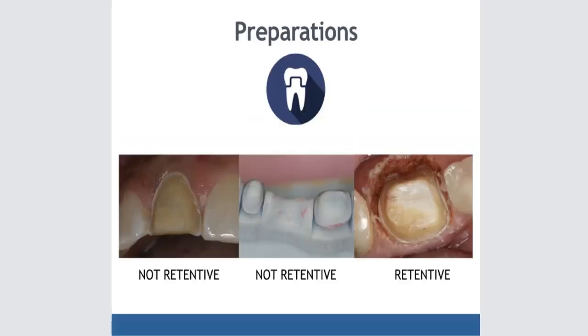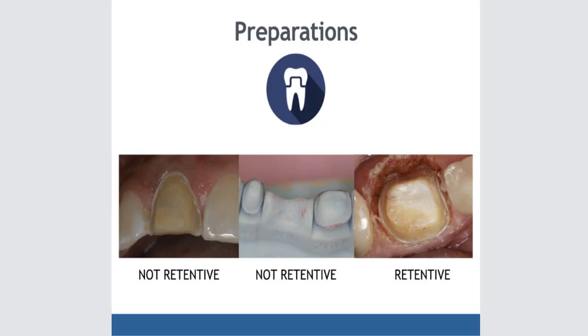I think very few of us would argue that the preparation on the left, we would never cement, we would bond, right? Very few of us would argue that point. But yet a lot of us would argue whether or not to cement or bond the crown on the right, or the crown in the middle, or the bridge in the middle. And so the question is, well, why?